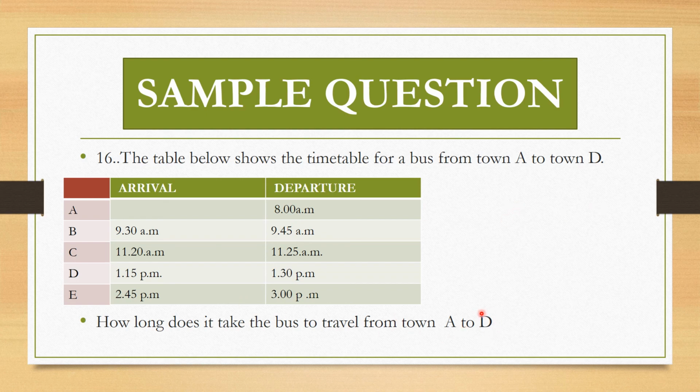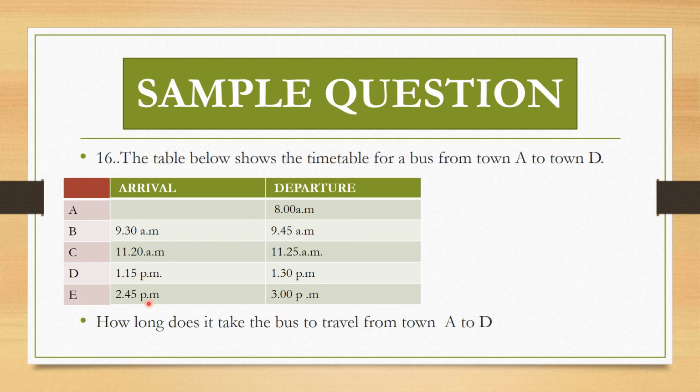The arrival time at town D is 1:15 p.m. Then you are departing from town A. You start your journey at 8, and you reach your destination at 1:15 p.m.